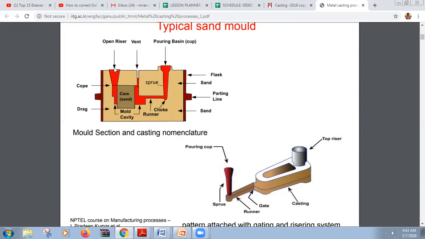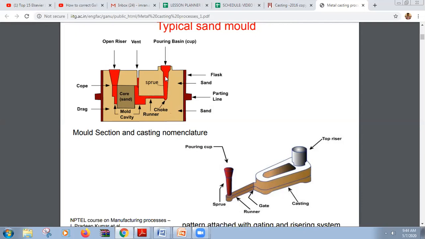And when the pattern is kept, then two or three devices are given. One is this sprue, this is the pouring basin cup, this is a sprue, and then this is the runner, and then this is the riser, and then the vent is given. So these are the other parts that are given.